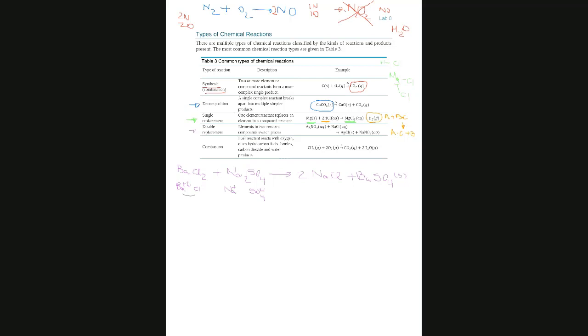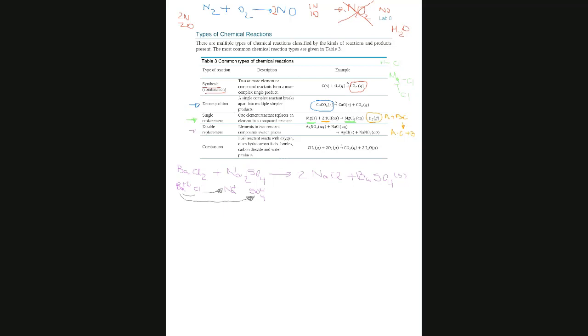Because positive attracts negative, if barium is not going to stay with the chlorine, the only other option is sulfate, right? So it changed partners. And then these two are going to mix together. If the chlorine is not going to stay with the barium, the only other positive is the sodium.